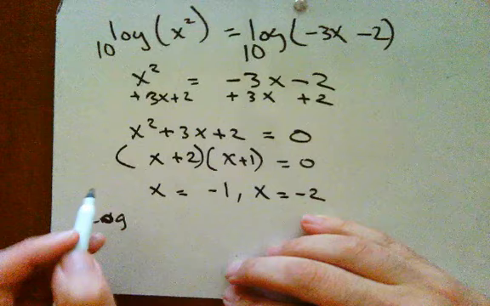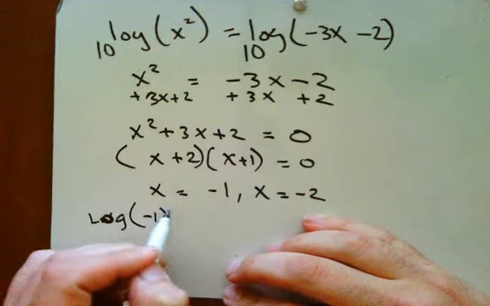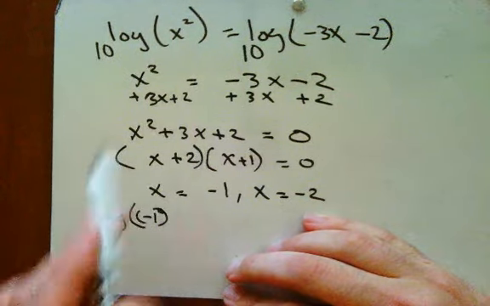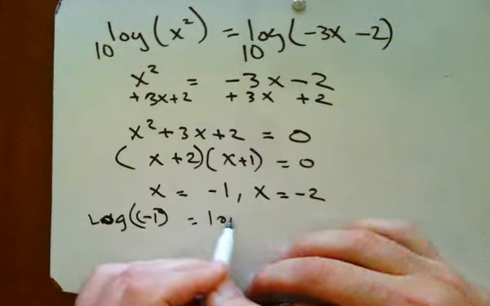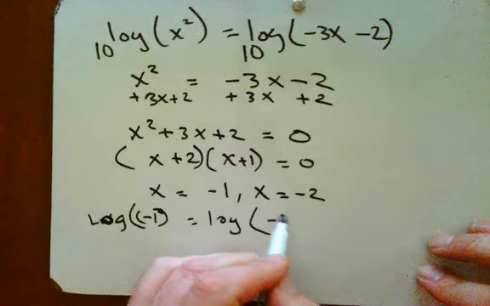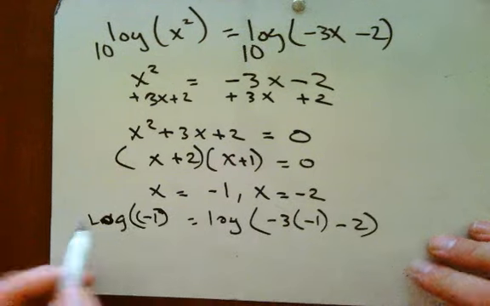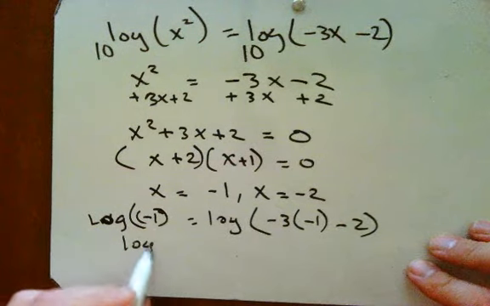And when I set each of these factors equal to 0, I get x equals negative 1 and x equals negative 2. And I'm tempted to say, oh, well, these aren't going to work because these are negative numbers. But let's see what happens when we plug them into the original equation.